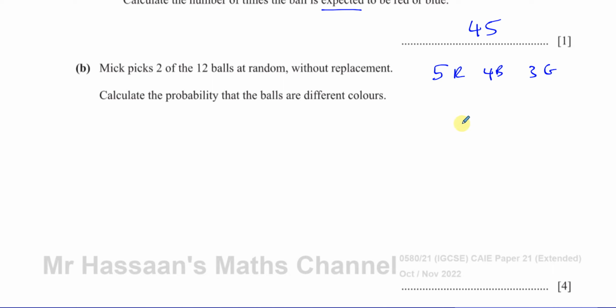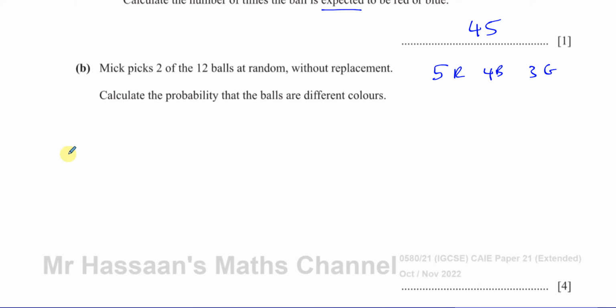If we find the probability that both balls are red or both blue or both green, that's a smaller calculation than calculating them being all different: red then blue, red then green, and so on. That's going to be quite a lot.